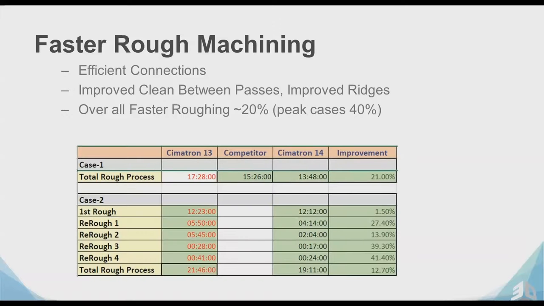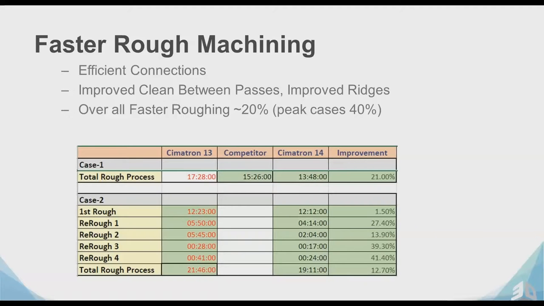Next case is even a bigger job. Cimatron 13 took about 22 hours total rough process, and this process was first rough and then re-rough 1 till re-rough 4. And compare that with Cimatron 14, we are seeing that the first rough actually was almost the same time.